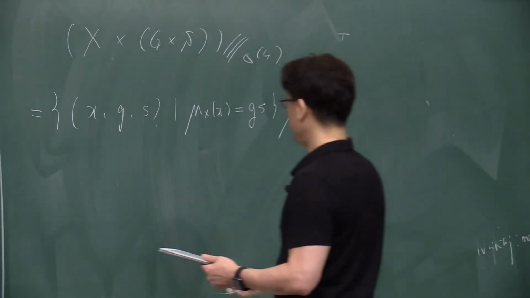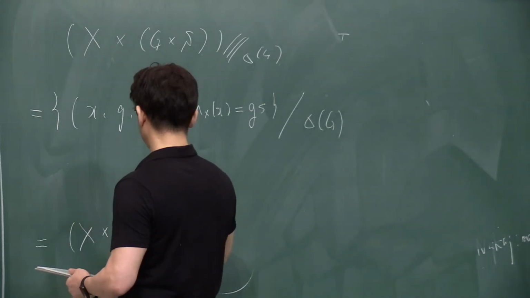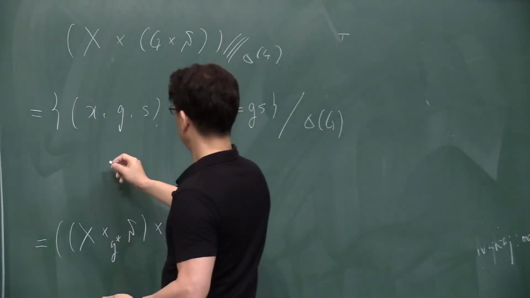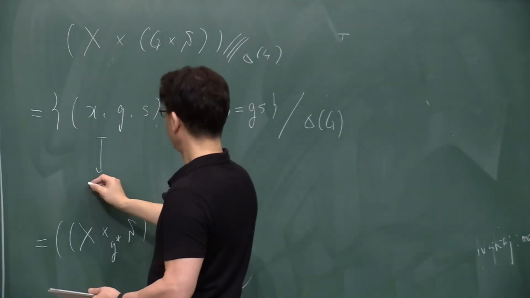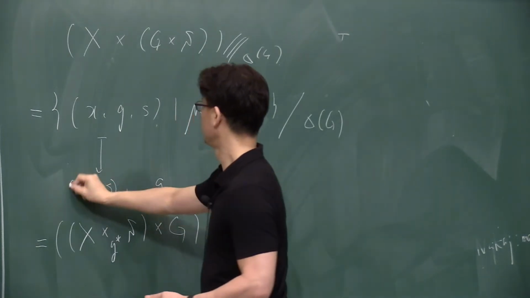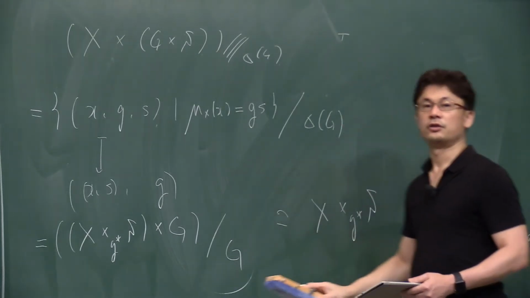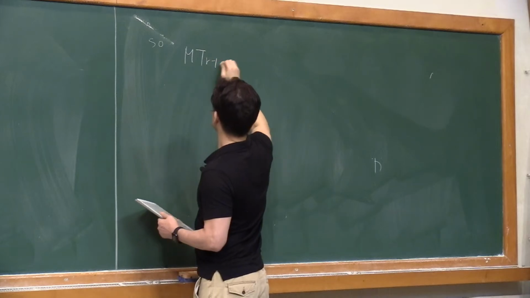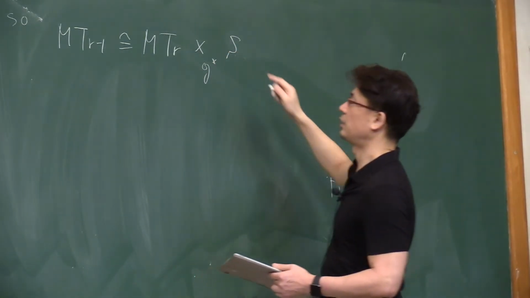And then you find that this is the same as X times g star, S, times G, the level set. So this goes to, x is G, I think. So this is the same as X times the Slodowy slice S. So the statement for S equals 1 says MT_{R-1} should be the fiber product of MT_R with the Kostant slice.